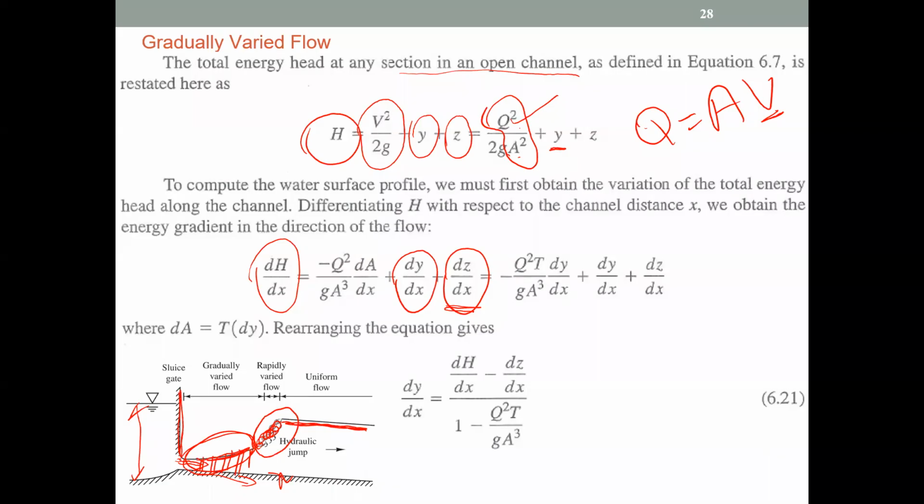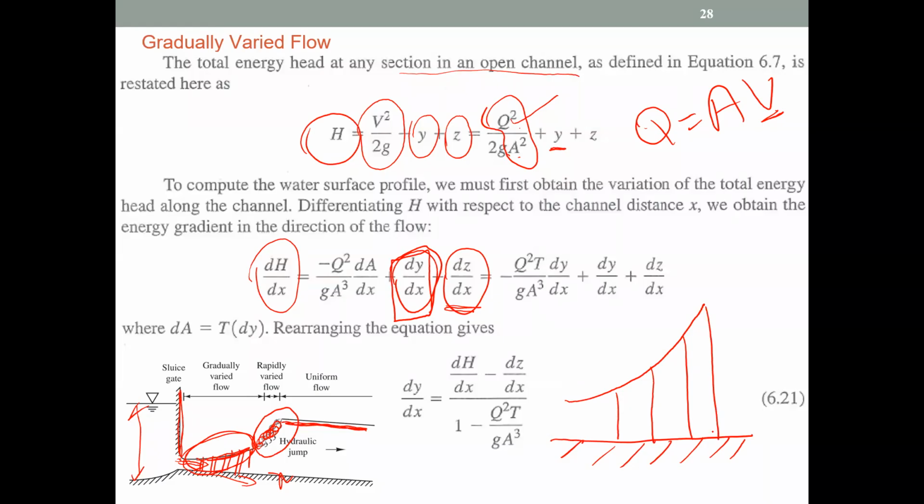So now you see what we need to understand is this one, dy by dx. When the flow gradually varies like this with respect to the channel bed, how does this y change, right? So the dy by dx is our interest.